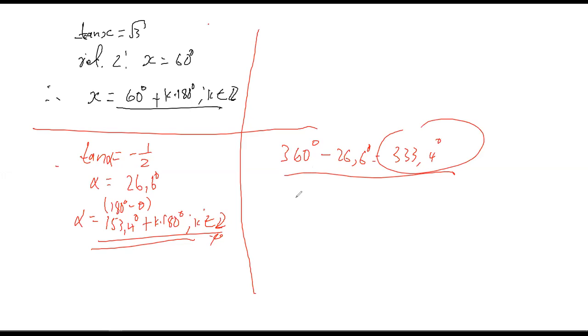And you ask me how? Well, let's see what happens if k is equal to, what? Let's try 1. Let's see what happens if k equals 1. So if k equals 1, I'm going to have 180 plus 153.4. What is that? Oh boy, okay.